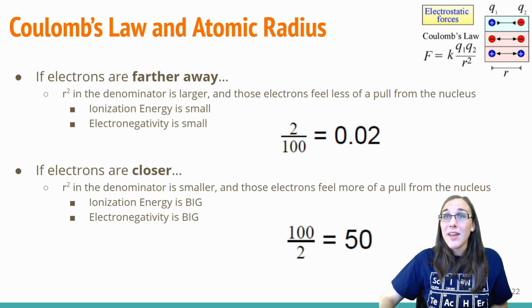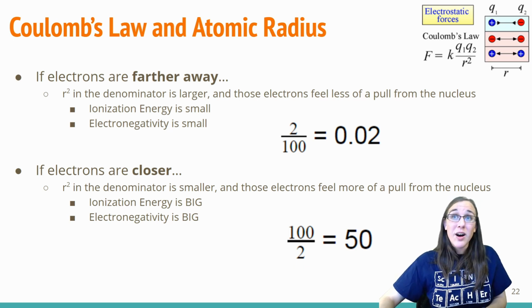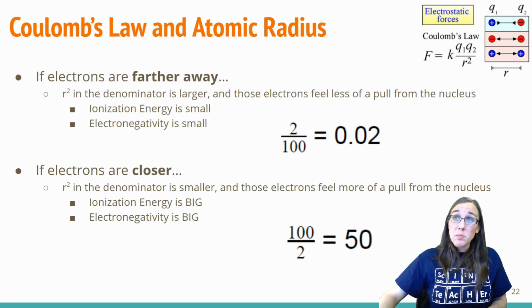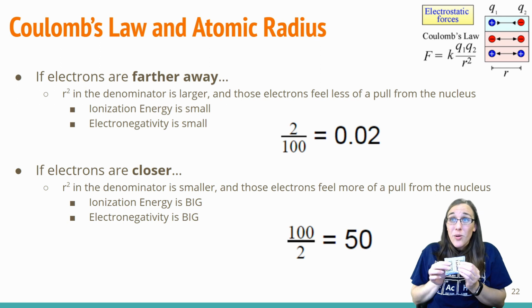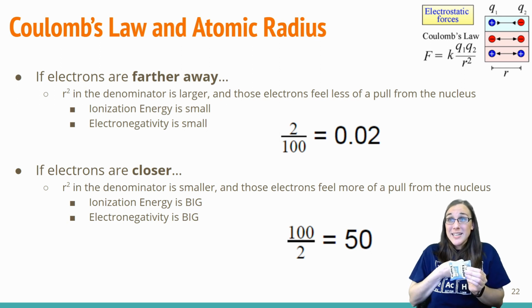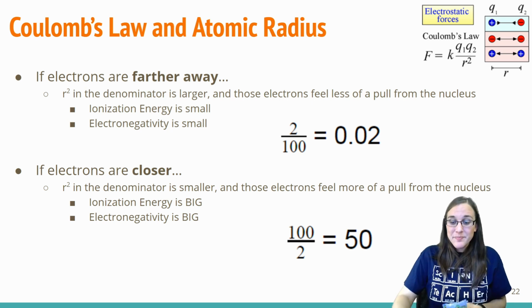If you have a really big charge, a really big pull of protons on electrons, a big number, and a small radius, so holding it tight, and a lot of charge between this distance, holding onto it, then this is a really strong grip on the candy. That's a big IE and a big EN.